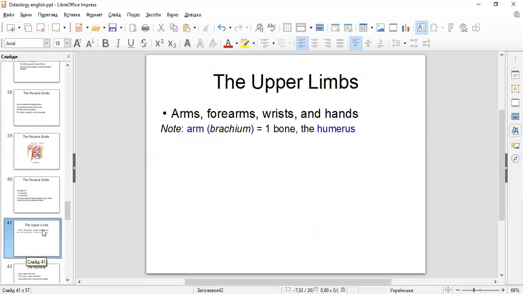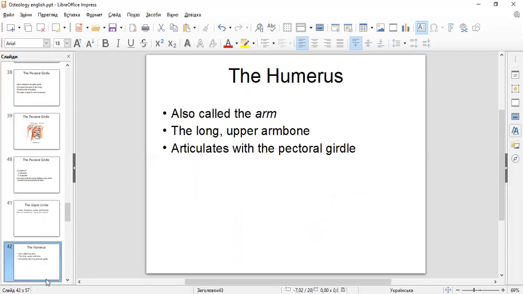The upper limbs: arms, forearms, wrists, and hands. Brachium, arm, brachium. Humerus. The humerus, the long upper arm bone, articulates with the pectoral girdle.